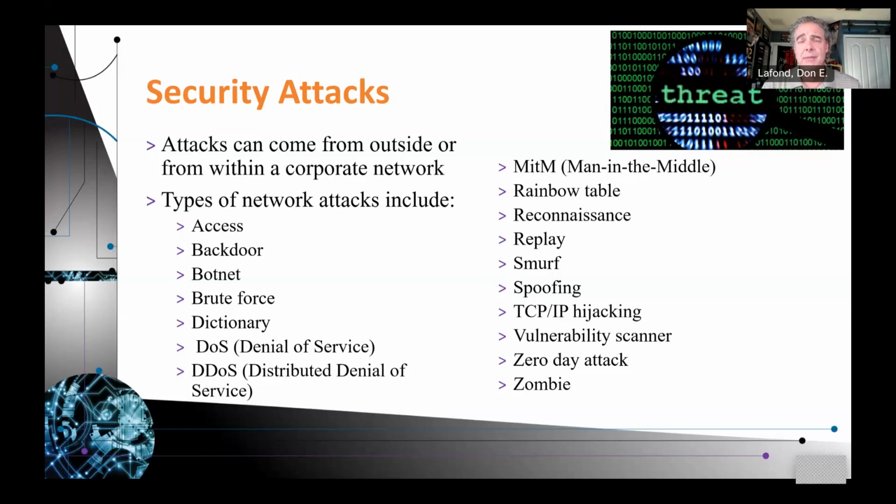The rainbow table ultimately just uses a software program that tries to hack the hash. Depending on how deep the level of encryption you have, 512 is easier to crack than 1024, which is easier than 2048. Reconnaissance, we talked about already.